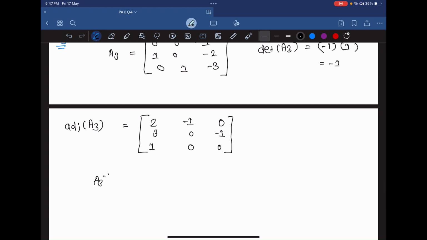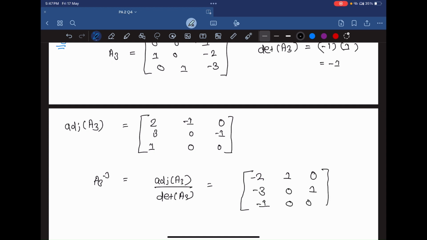So now A3 inverse is adjoint for matrix A3 divided by determinant of matrix A3. So determinant of matrix A3 is negative 1. So it would be minus 2, 1, 0, minus 3, 0, 1, minus 1, 0, 0. So this is our A3 inverse.